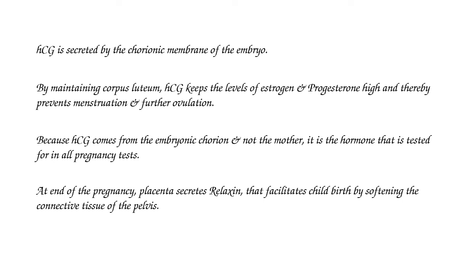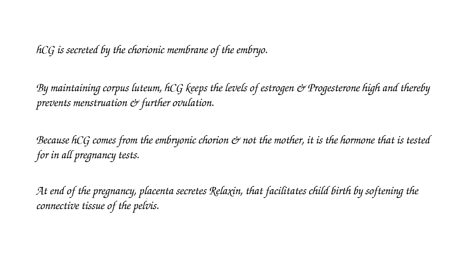At the end of the pregnancy, the placenta secretes relaxin that facilitates childbirth by softening the connective tissue of the pelvis. Here we are mentioning that at the end of pregnancy, the placenta secretes relaxin, whereas in the NCERT textbook, it is mentioned that the ovary secretes relaxin.